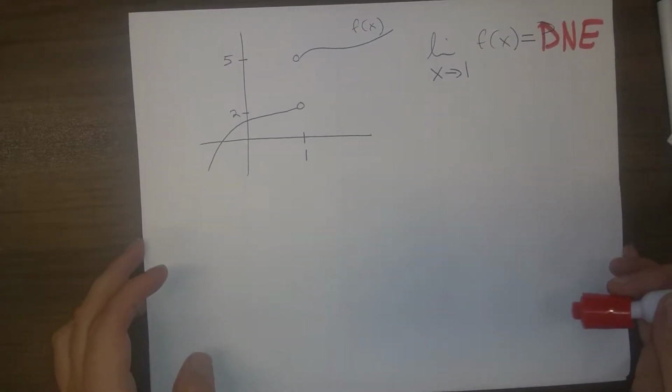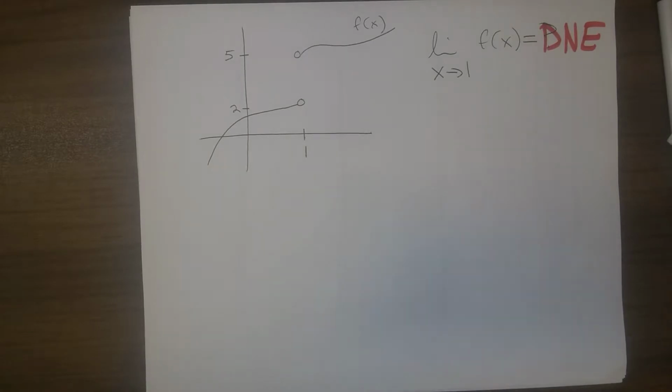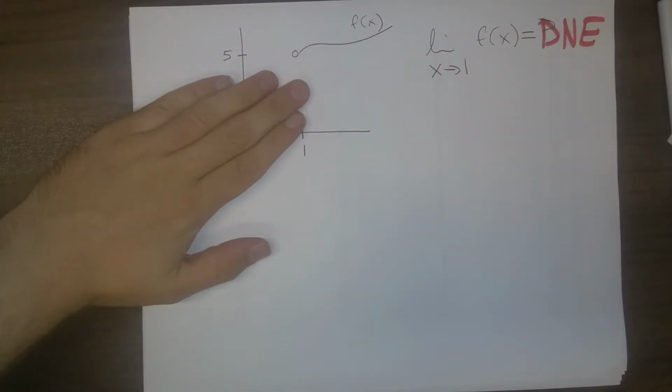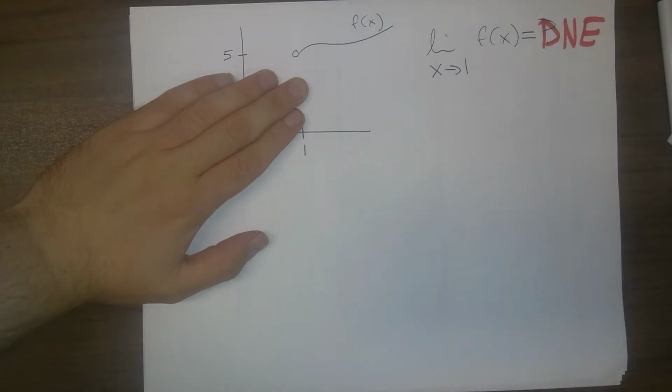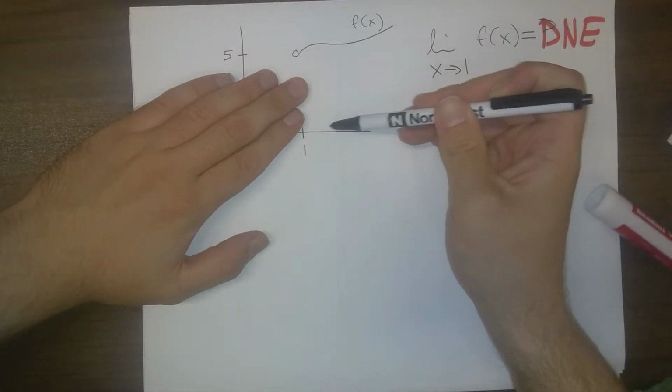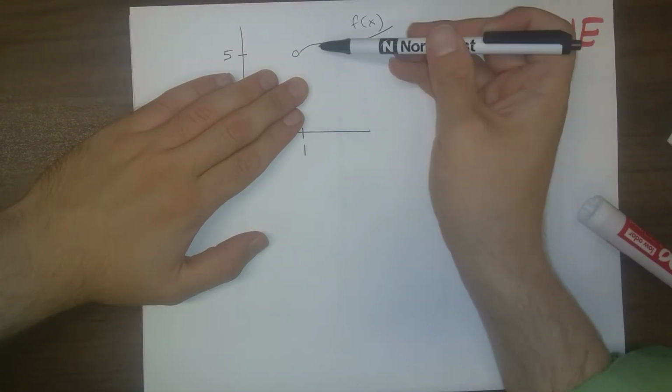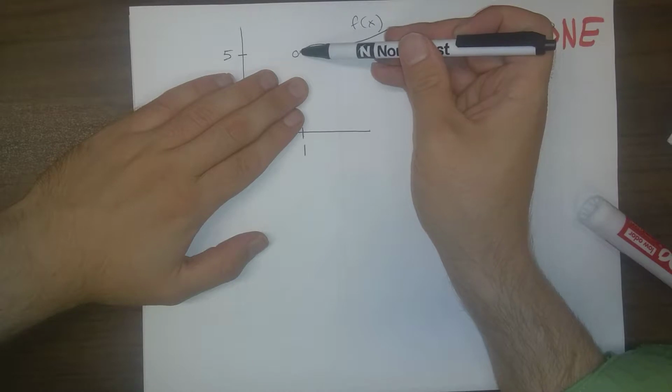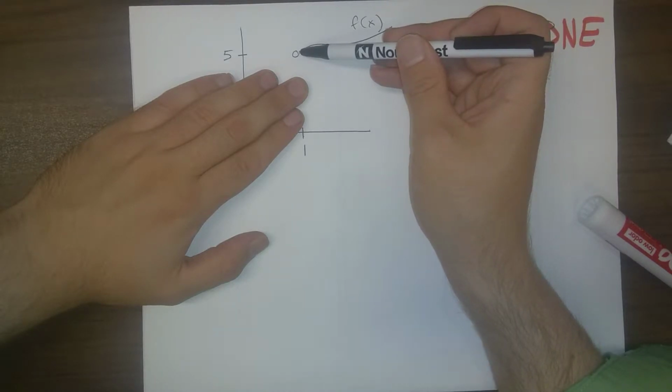And so maybe you would say, okay, we throw up our hands and we're done here. But as it turns out, we do want to be able to say something useful: as we are a little bit bigger than 1 and moving towards 1 from the right, the output value gets closer and closer to 5.